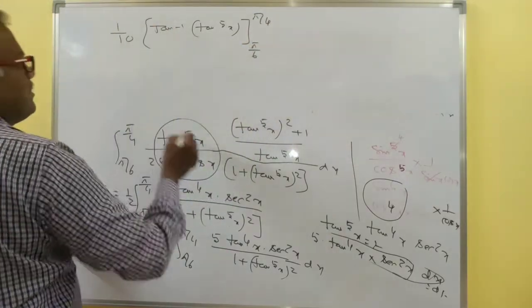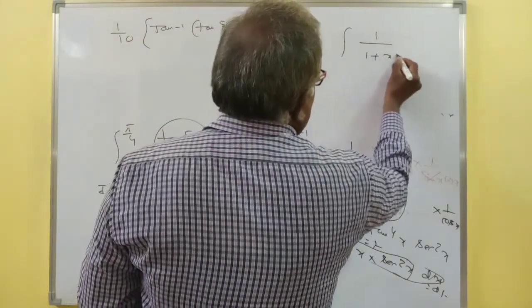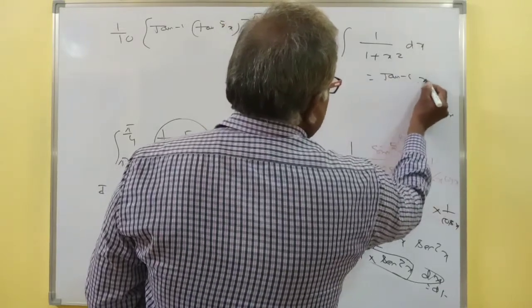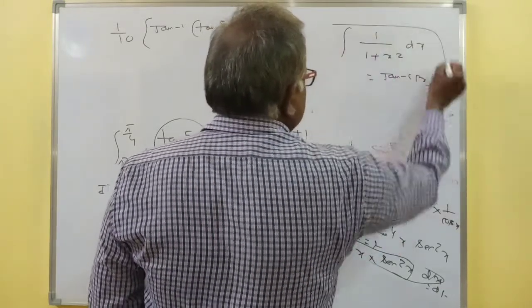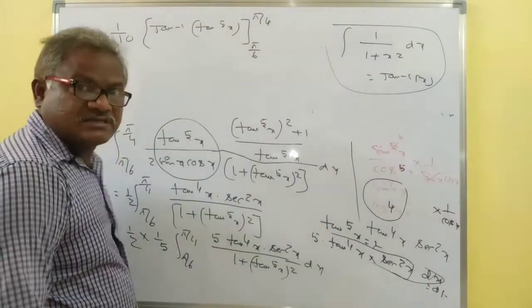The integral of 1 by 1 plus x square dx is tan inverse x, so in place of x, tan^5 x is there.